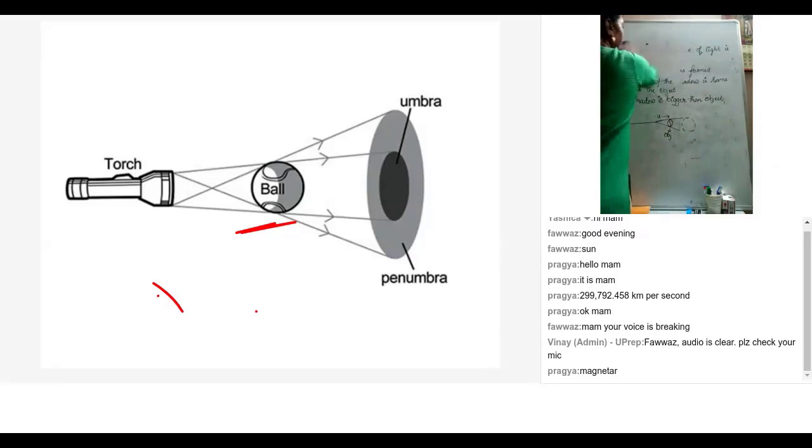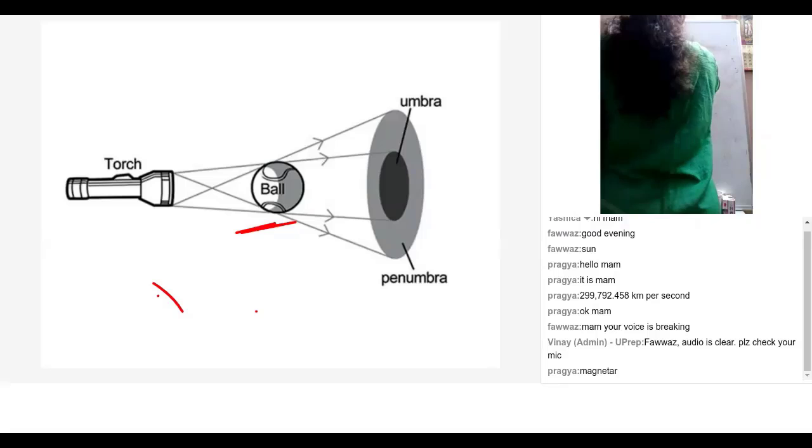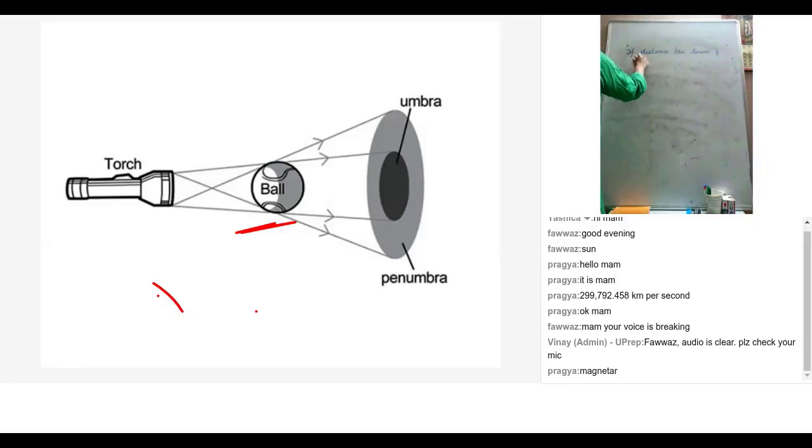So I'll write it on the board for your convenience. If the distance between source and object decreases, the size of the shadow increases, and if the distance between source and object increases, the size of the shadow decreases.